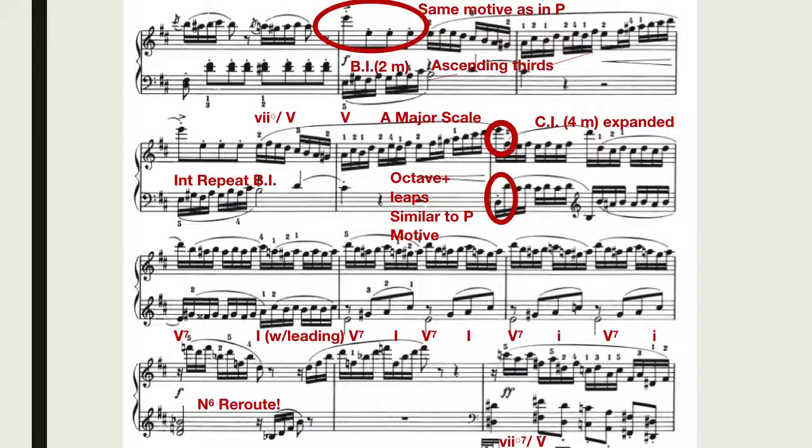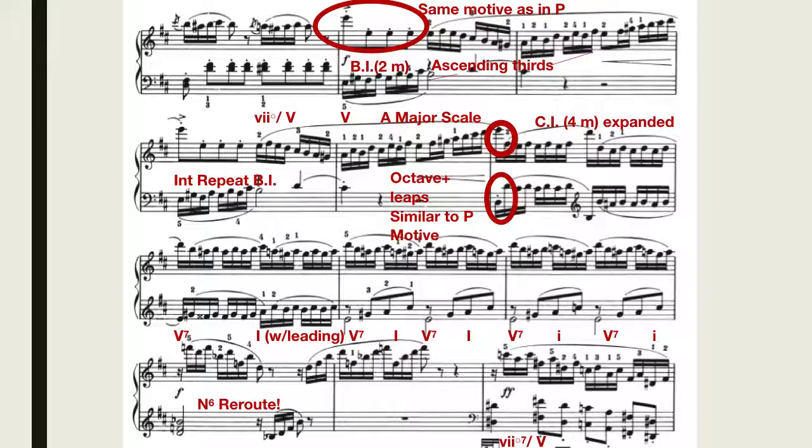In that first measure on the 3rd system, we have that 5-7 to 1 with that leading tone that kind of prevents us from feeling like we've resolved anywhere. What Haydn does is he takes that measure and squishes it.